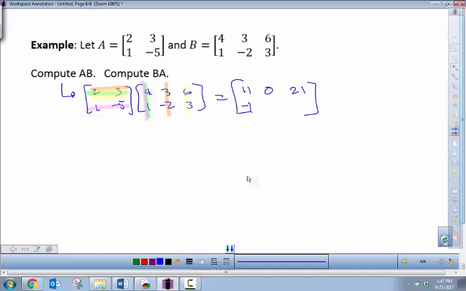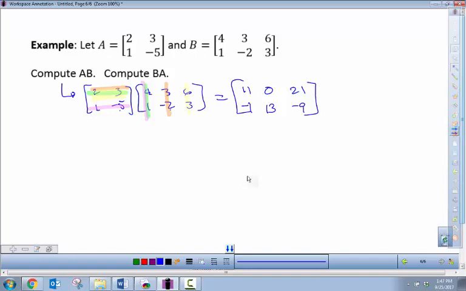And then for the next one, I have 1 times 3 plus negative 5 times negative 2. That's positive 10. 3 plus 10 is 13. And then 6 minus 15 is negative 9. Okay.